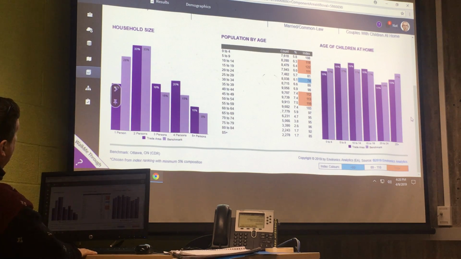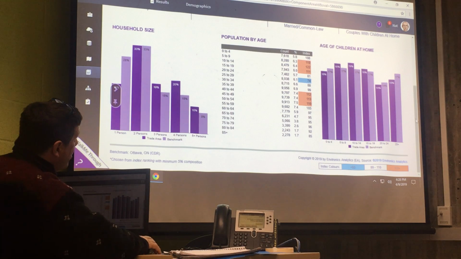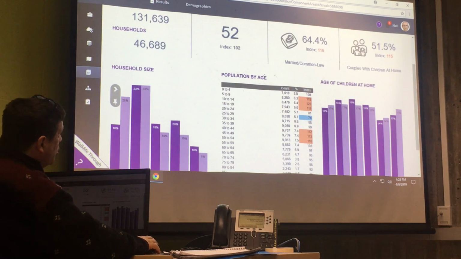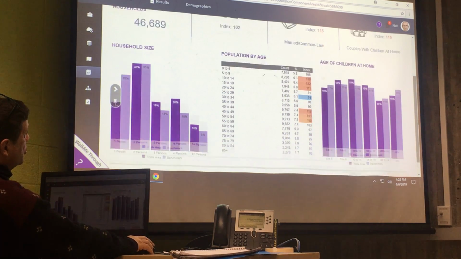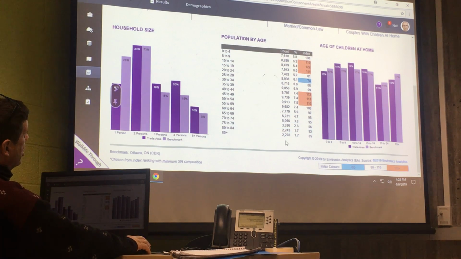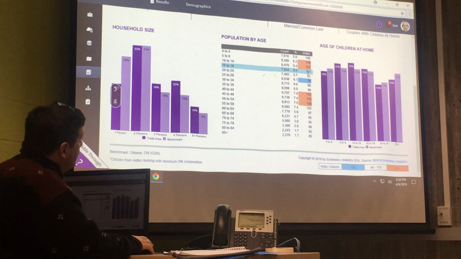What does the red mean? It means that the area that you've selected around the archery club, compared to the City of Ottawa, these are the indexes. This is the total population of your trading area and the percentage of the population of the total population. And this is in comparison to the City of Ottawa.